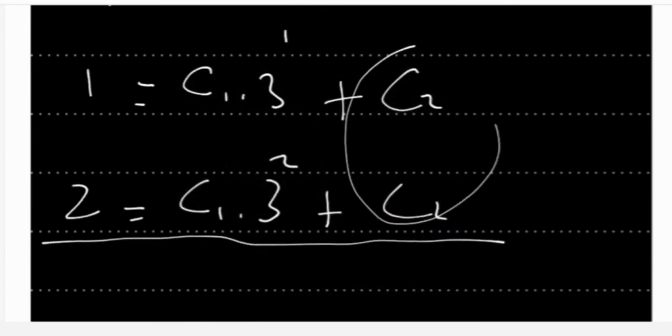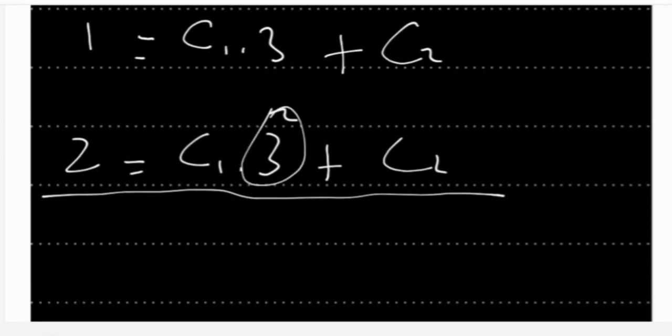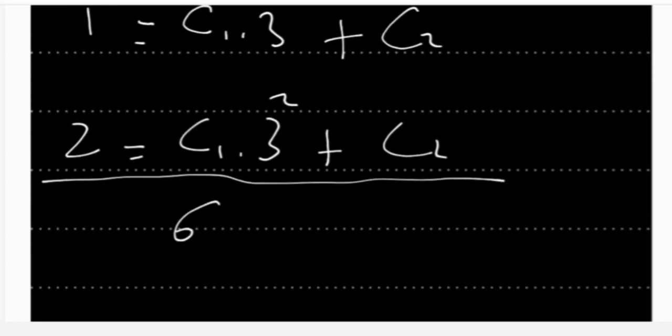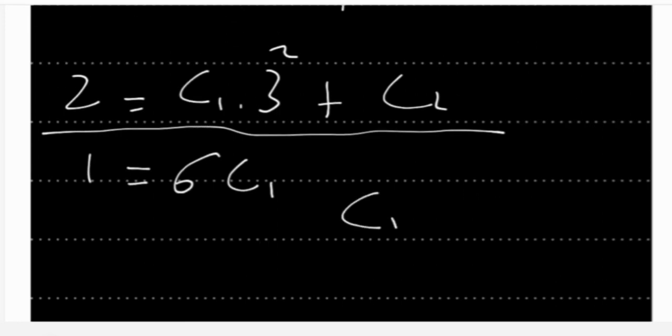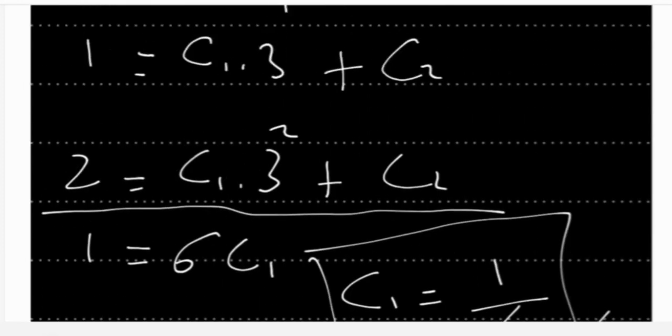So now let's subtract so that we can get rid of this one. So 9 minus 3 is 6, and 1 minus 2 is negative 1, so 6 C1 is equal to 1. So C1 is equal to 1 divided by 6. So what will be C2?